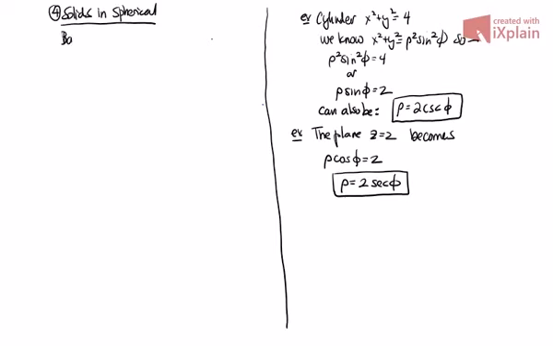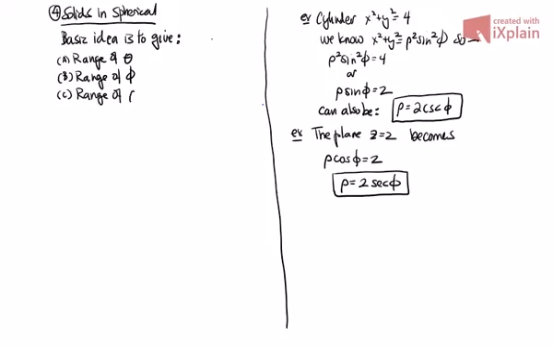So the basic idea is to give the following. A, a range of thetas. B, a range of phis. And C, a range of rho, but these are very special.